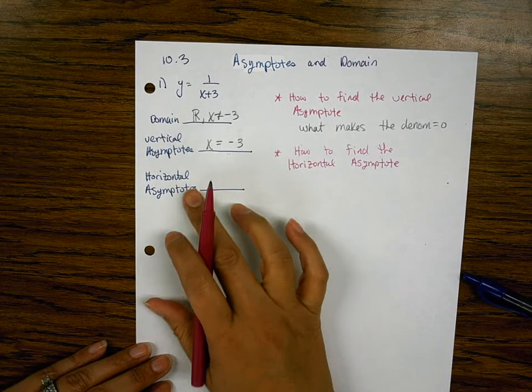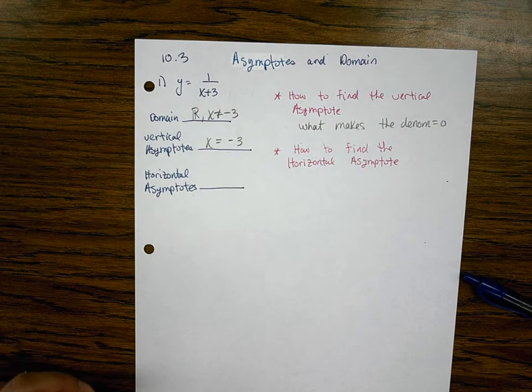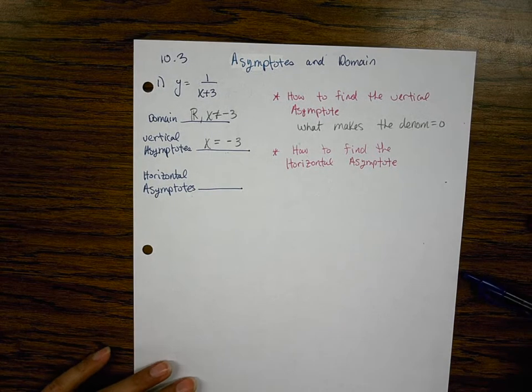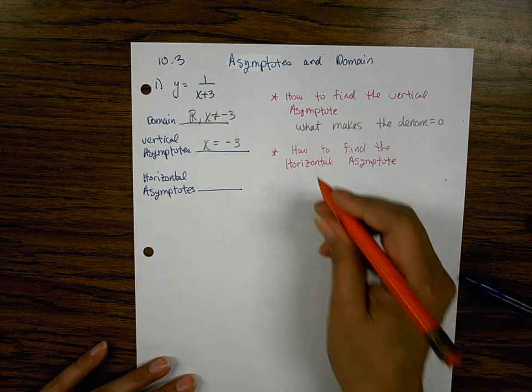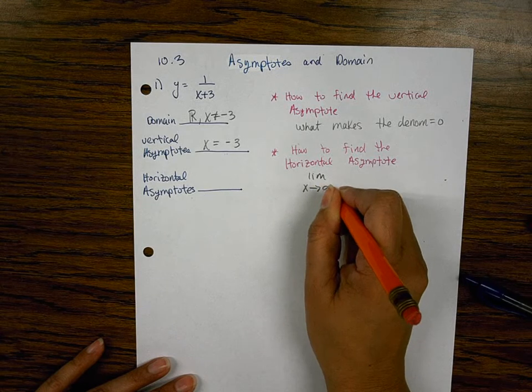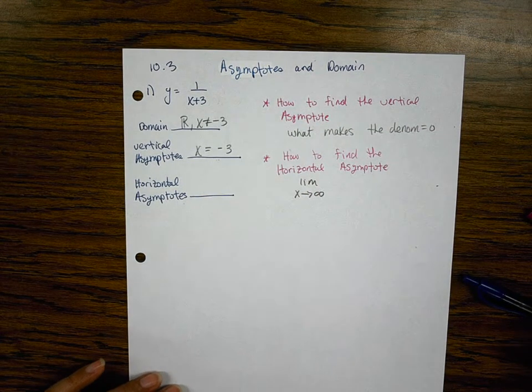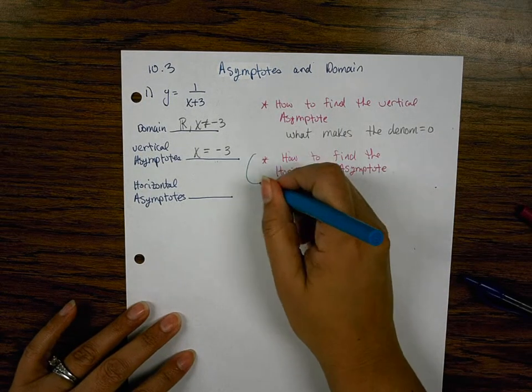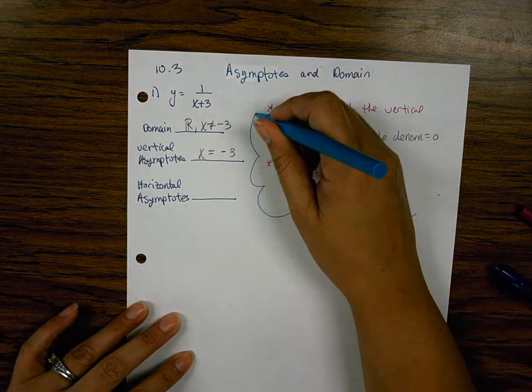Now I know I put it plural a little bit here, but for the horizontal there will always be only one. There will never be more than one. All right, what you do here is pretty simple. You take the limit as x approaches infinity. And we're going to use the shortcuts that I just talked about previously.